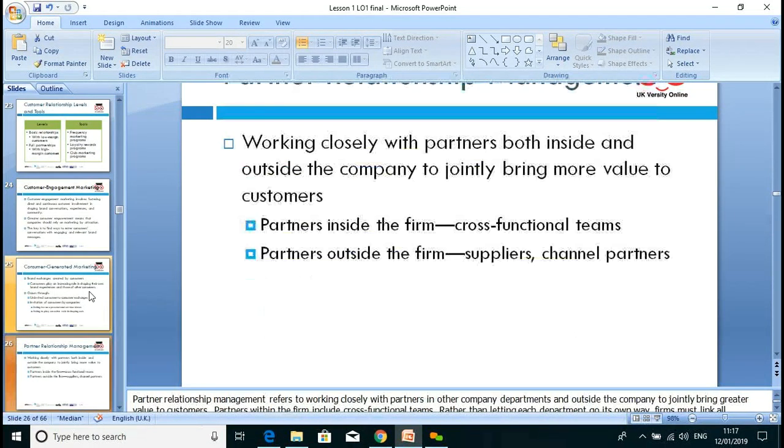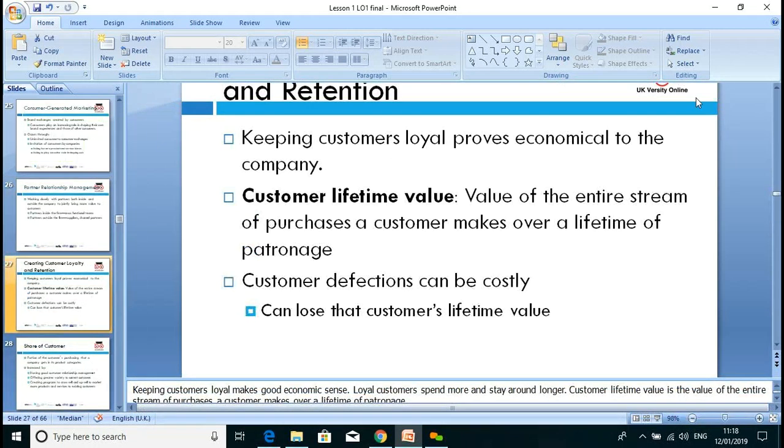So next we're looking at partnership inside the organization, and how we can develop partnership with customers. Next, customer lifetime value.